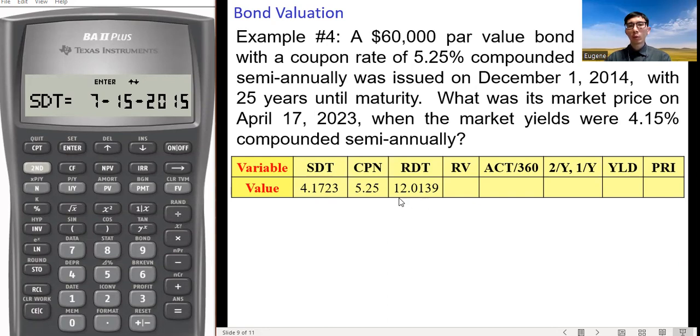So we key in 12.0139 as RDT. RV by default 100. Day count method ACT. Coupon rate compounded semi-annually, so we have 2Y for the coupon per year. YLD 4.15. And we can compute the PRI, the market price.